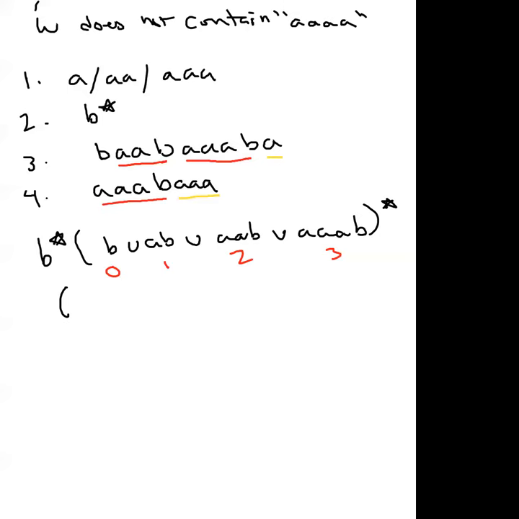So we can either have nothing if it ends in a B, we can have a single A, we can have 2 A's, or we can have 3 A's that end our expression. And that all concatenated together. So B star, this star, and then the epsilon union A union double A union triple A represent all words that do not contain 4 A's in a row.